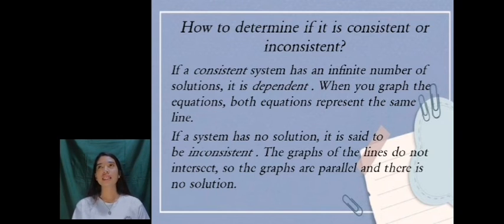Then we can say that it is consistent, and under the consistent, we have the independent and dependent lines. We can say that it is independent if the two lines intersect, and we can say that it is dependent if the two lines are the same line. Nara siya sa isa ka line.